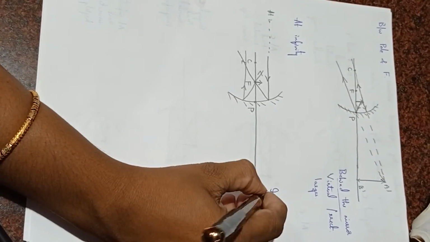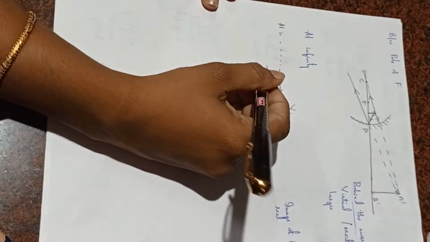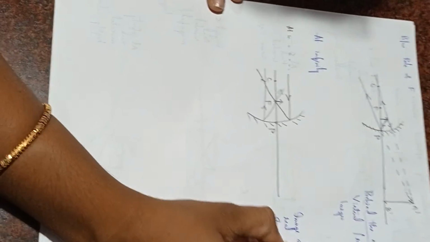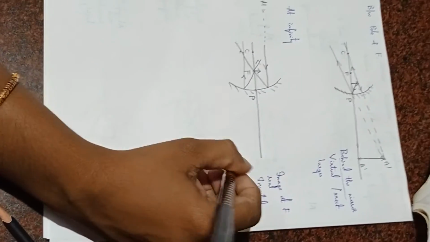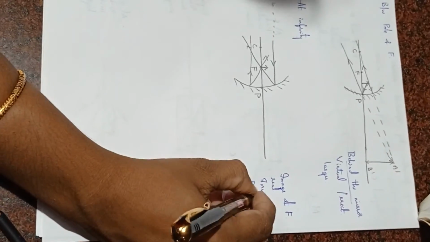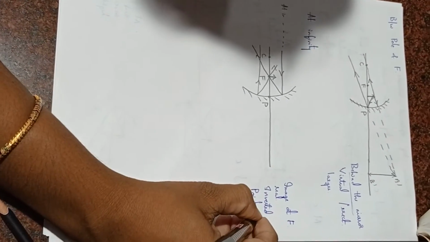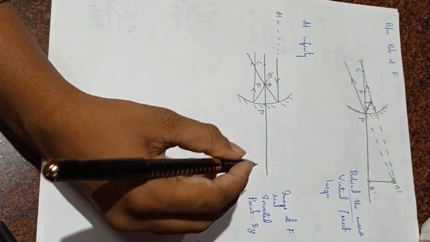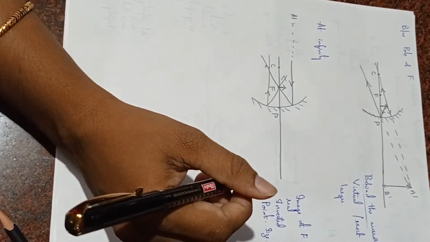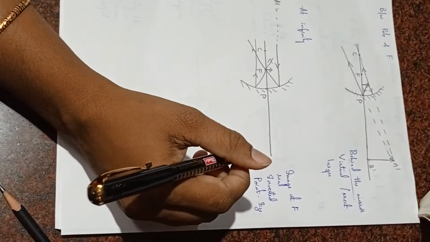The image formed is real, but the image is inverted. And you can see the size of the image. It is point size because the object is at infinity. It is really a very tiny size. The image formed is of very tiny size.